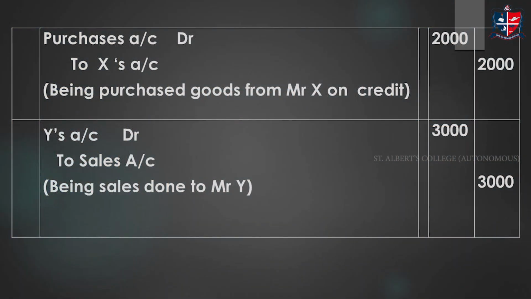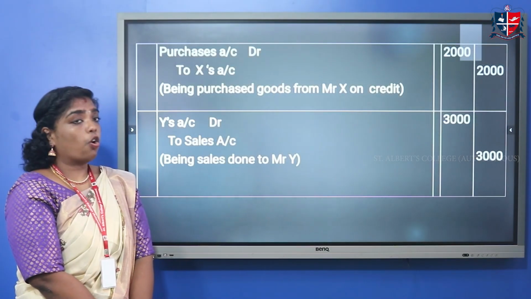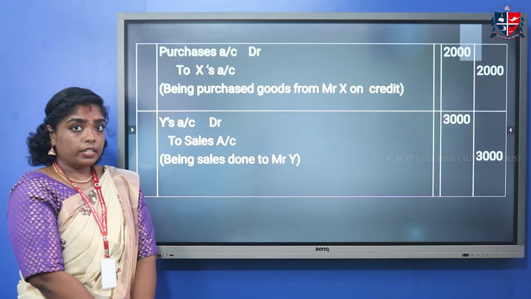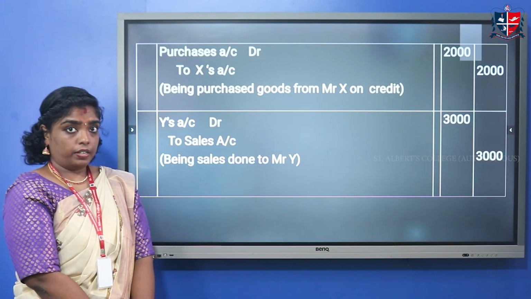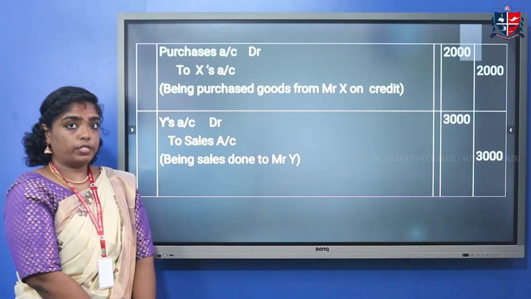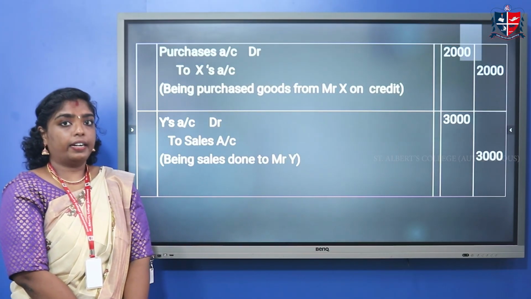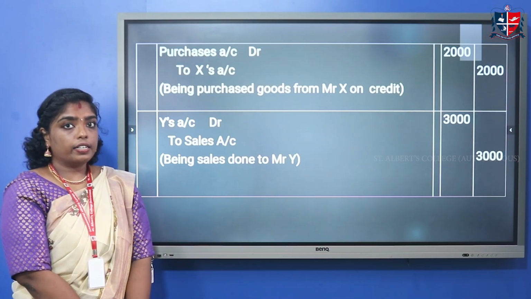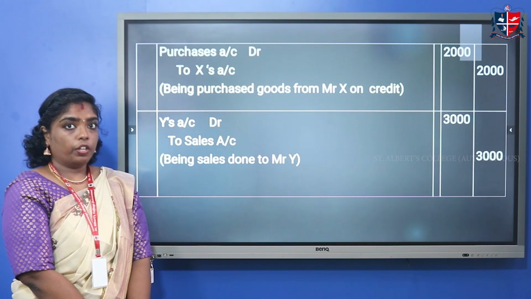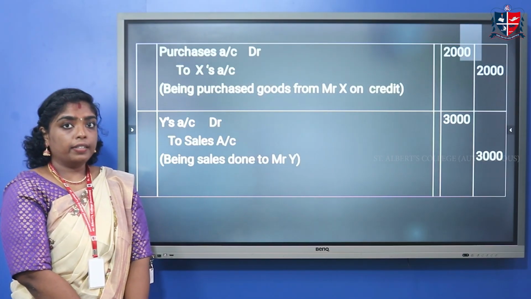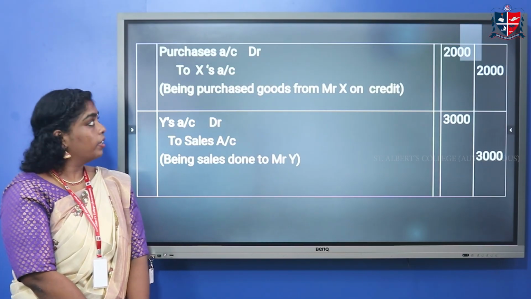And the next one is purchased goods from Mr. X on credit. On credit means cash is to be given to Mr. X in future. So Mr. X is the sundry creditor. Sundry creditor is a liability, a current liability. So an increase in liabilities is to be credited.